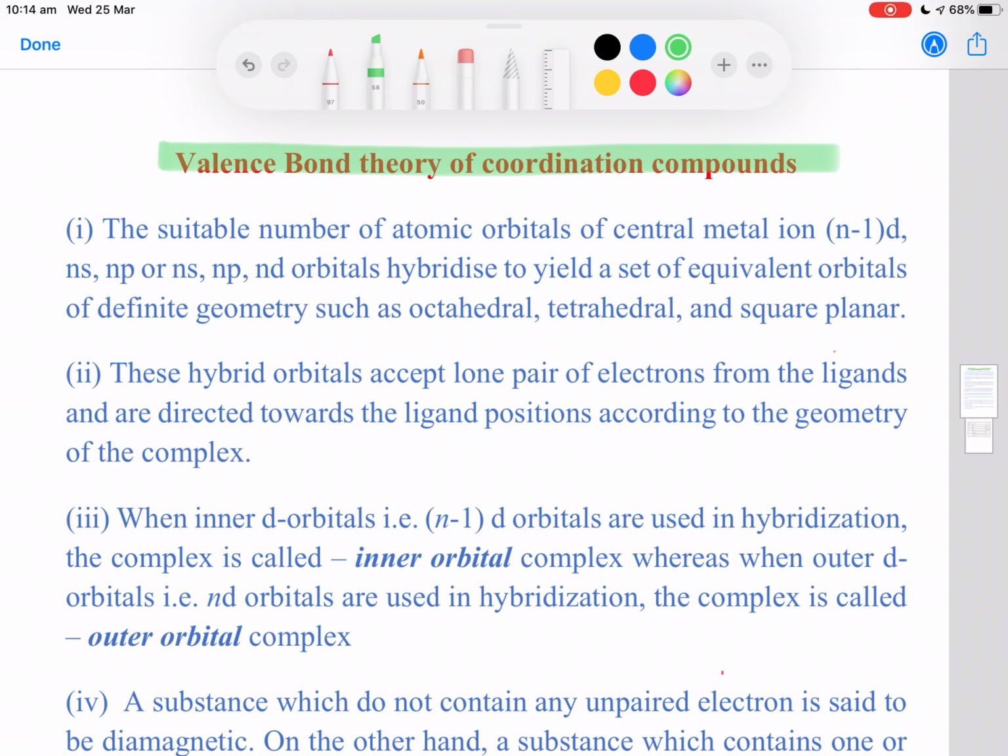bond theory. So basically, valence bond theory helps us to figure out, first of all, the hybridization. Based on hybridization, we can talk about the geometry, like it could be octahedral, tetrahedral, or square planar, right?